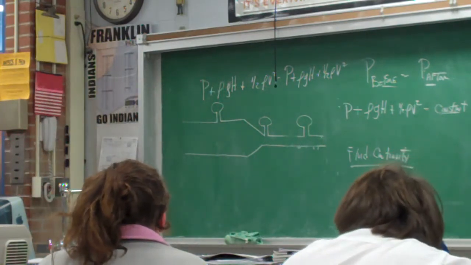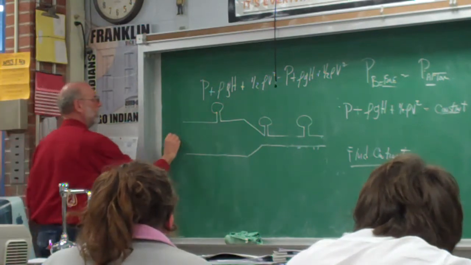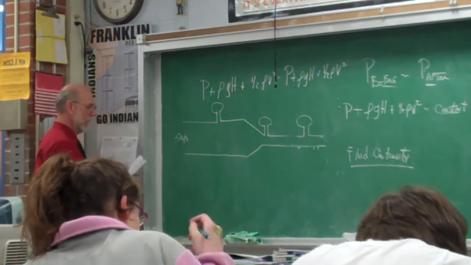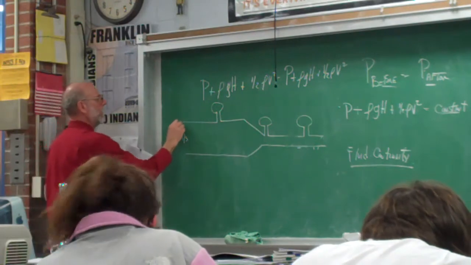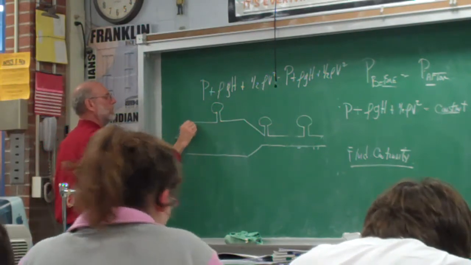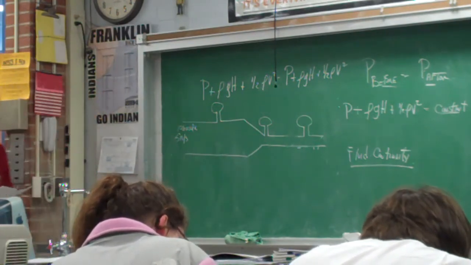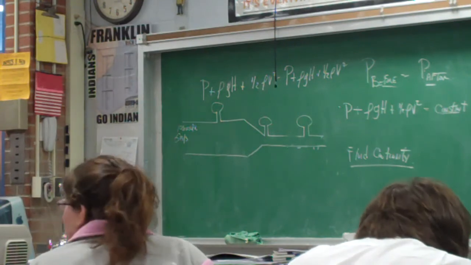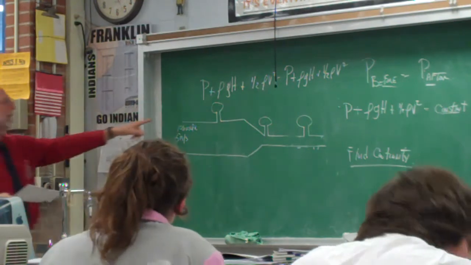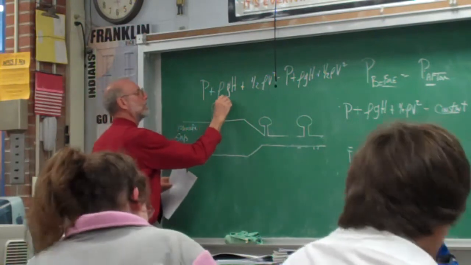I'm told that moving at 5 meters per second, my pressure is 100,000 pascals. First question is, what's the pressure on gauge 1? Well, the pressure on gauge 1 is 100,000 pascals.